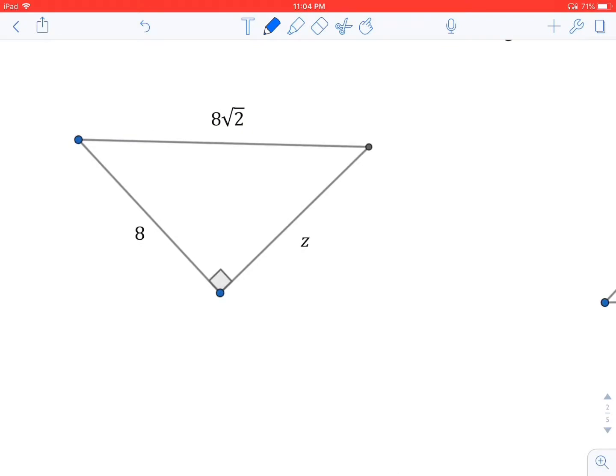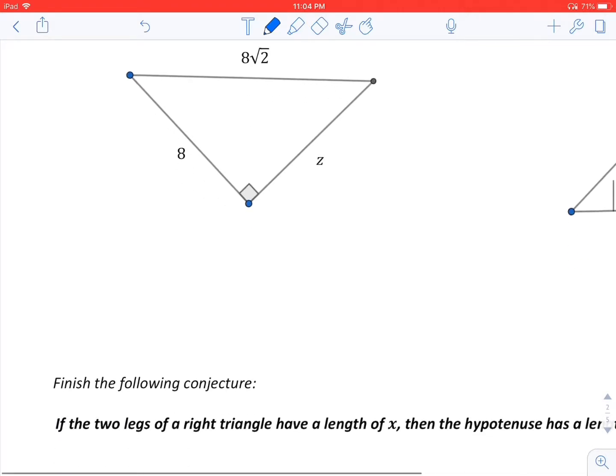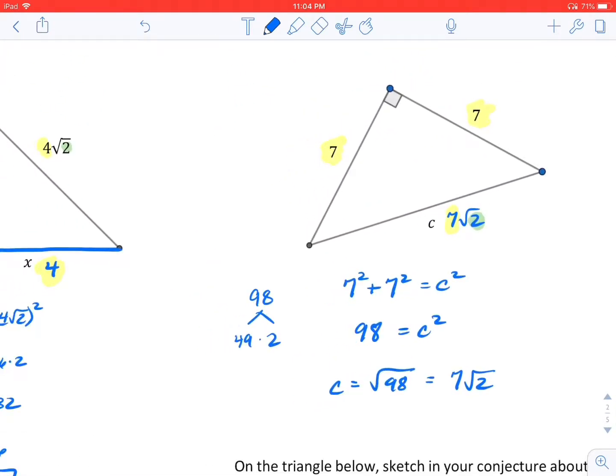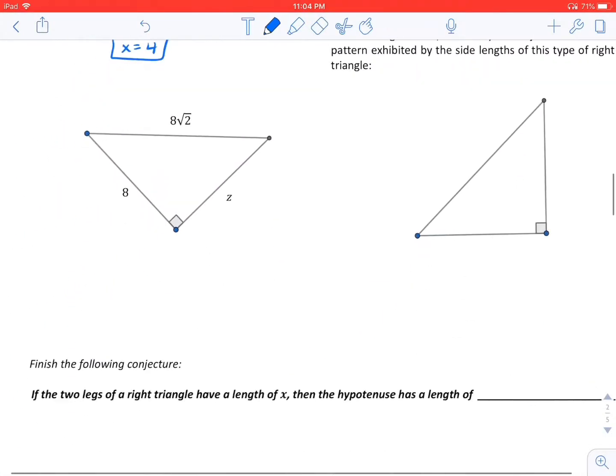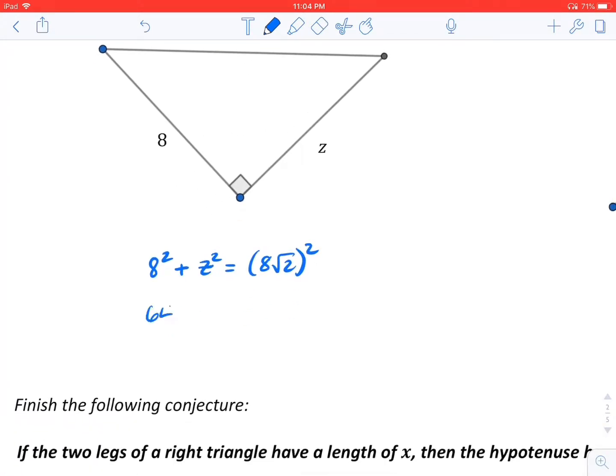Oh, look here. In this example, we're given one leg of length 8 and a hypotenuse of length 8 root 2, and we're finding the other leg length. Let's see if the general relationship that we saw in the first two examples is also exhibited here. 8 squared plus z squared is equal to 8 root 2 squared, or 64 plus z squared is equal to 64 times 2.